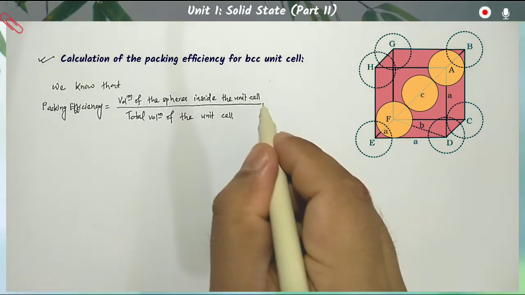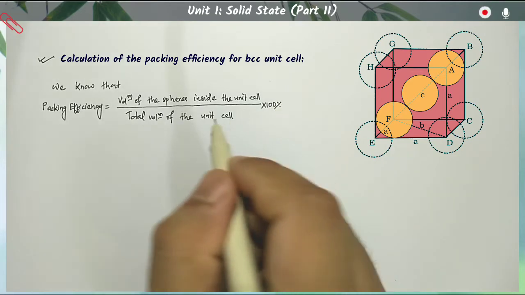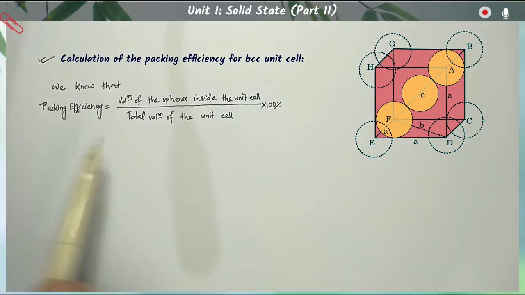We multiply this by 100% to convert it to a percentage. So this is the definition of packing efficiency.